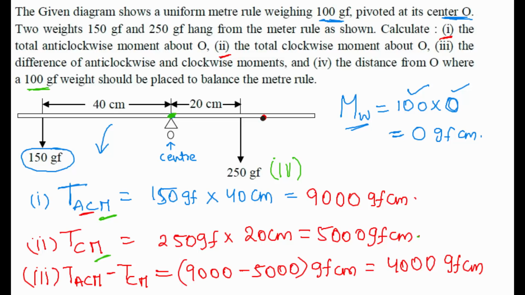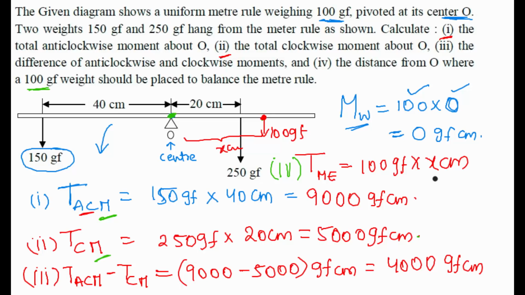If we keep the mass at a distance of x centimeter from the center, this is 100 GF, what will happen? The total moment due to this extra weight will be equal to 100 GF into x centimeter.